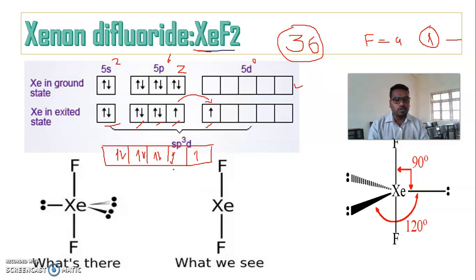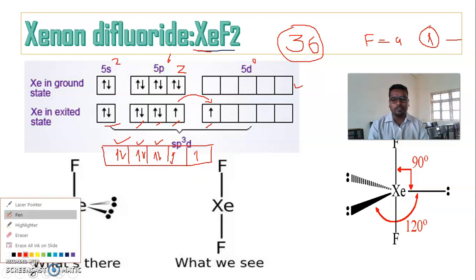Here it forms only two bonds, but the lone pair electrons affect the geometry of the compound. That's why we have to consider the number of non-bonding electrons also during hybridization. So it undergoes sp3d hybridization. Two partially filled orbitals are present.